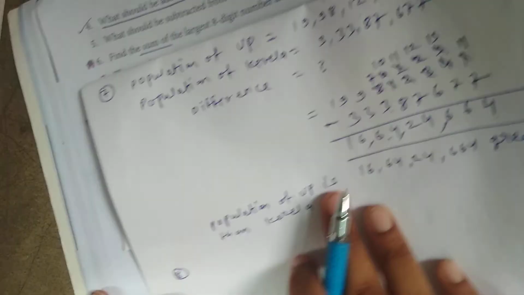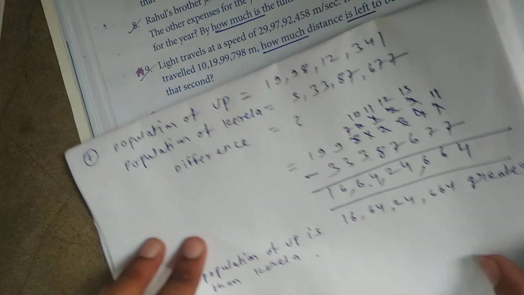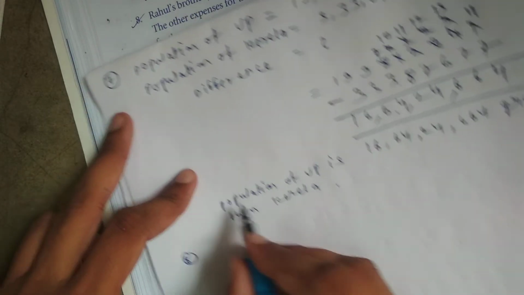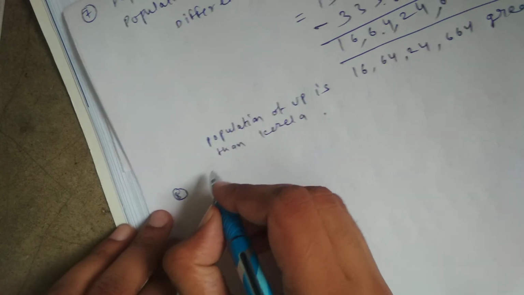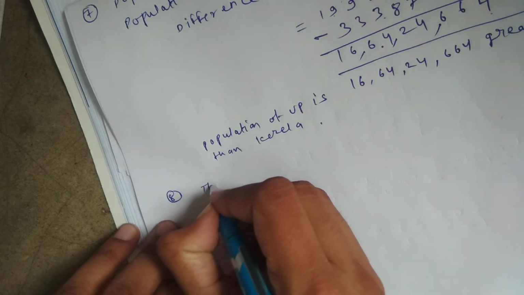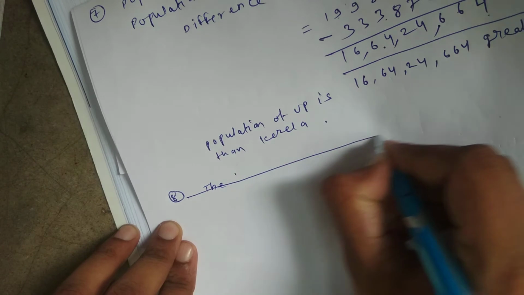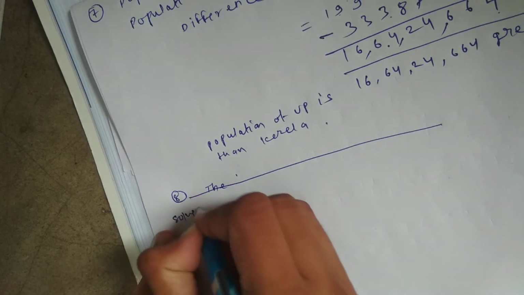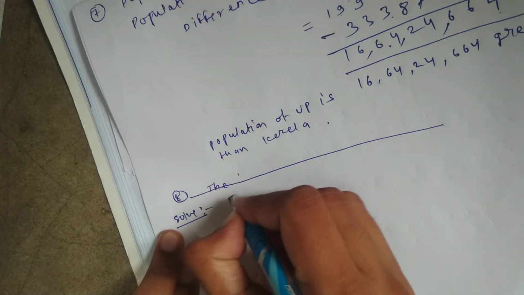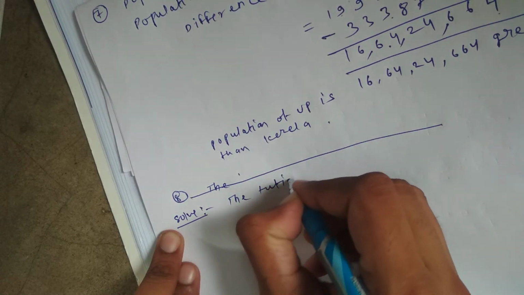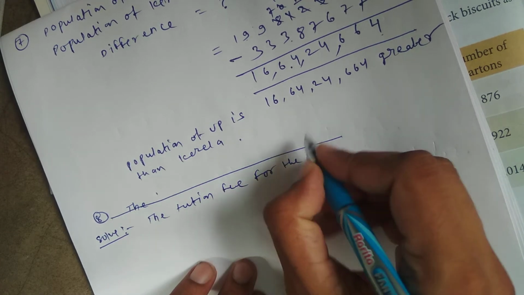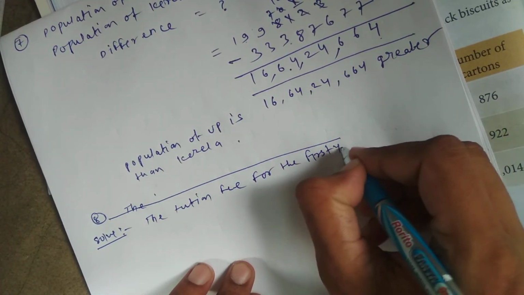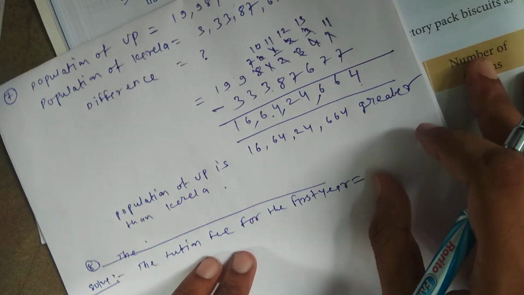So we will first write here. You have to write the question first, then you have to write solve. The tuition fee for the first year, what is the tuition fee for the first year?